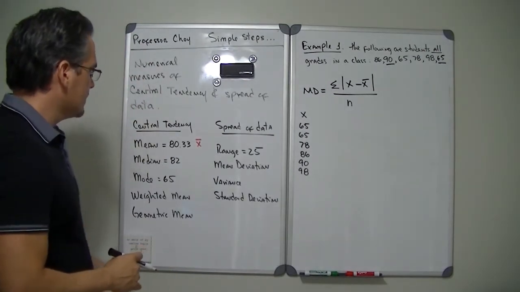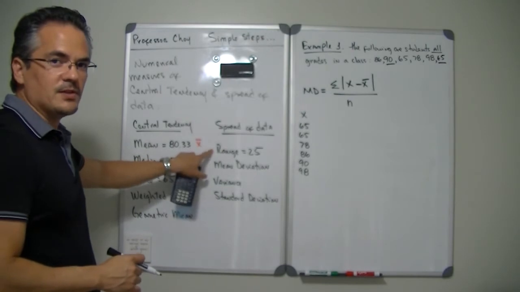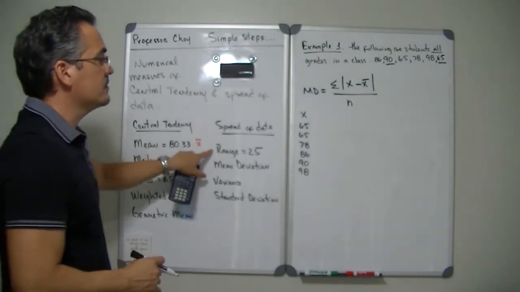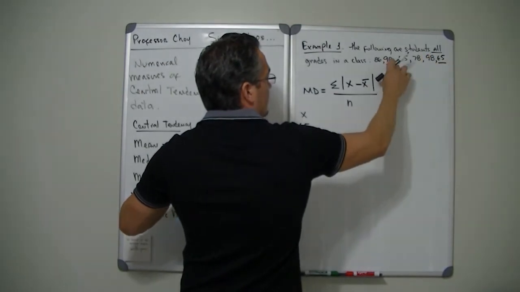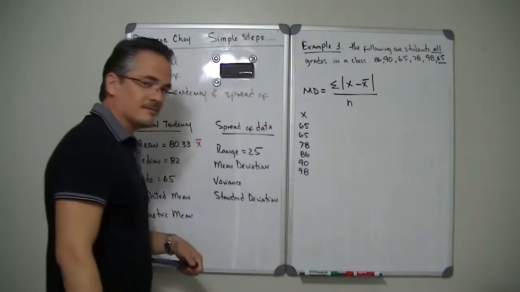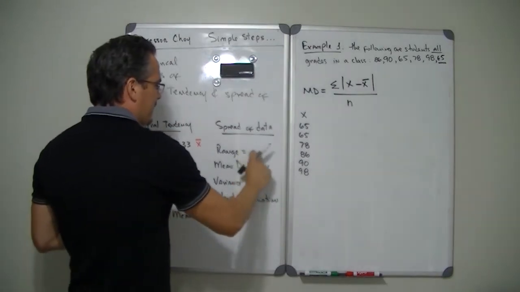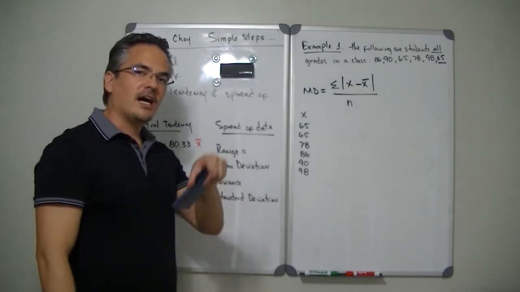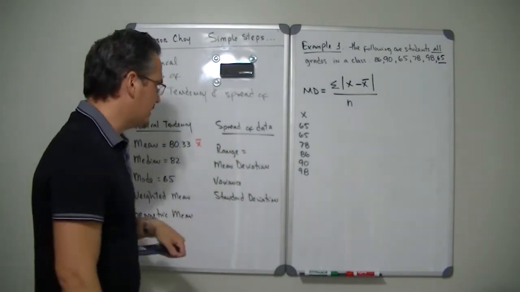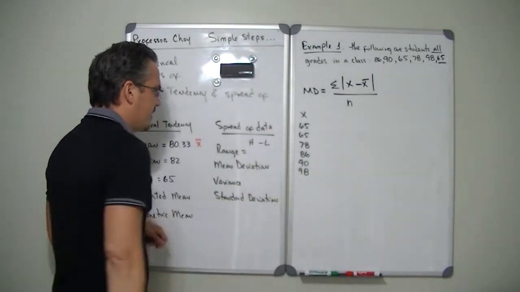Oh wow, I just realized something, by the way. We need to go back and recalculate our range because we got it wrong. Our highest number in that data set is 98. And we're doing this on the fly. This is good. Notice that we were calculating our range before. We had to do the highest value minus the lowest value in our data set.